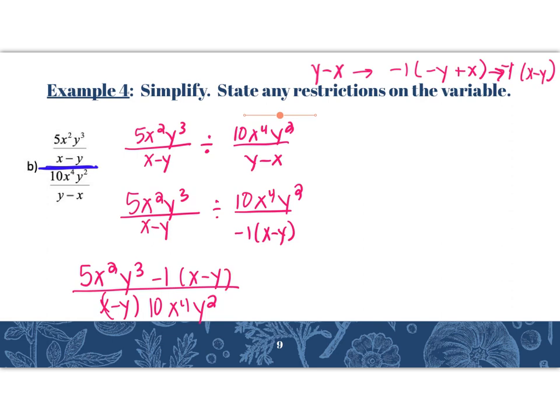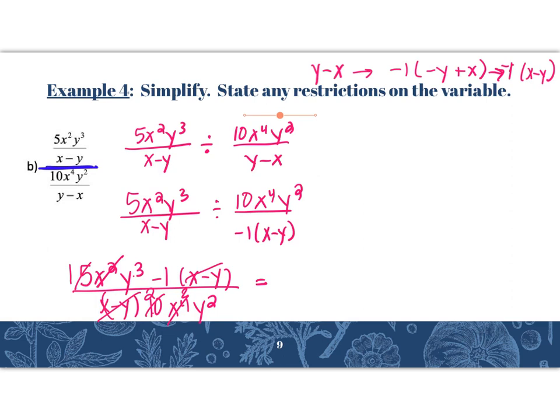So I just put them all in the numerator and then all in the denominator. And now let's simplify where we can. So I have an x minus y and an x minus y. That simplifies to 1. I have a 5 and a 10, so that would simplify to 1 and 2. And then I have an x squared and an x to the 4th, so that gives me an x squared on the bottom.